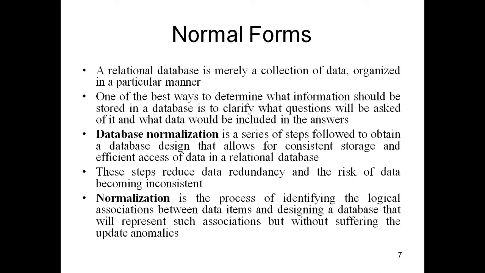Normal forms are a condition satisfied by a table based on functional dependencies, and those forms are based on a certain set of rules. These rules define the normal forms as first normal form, second normal form, third normal form, fourth normal form, fifth normal form, and in between BCNF also.